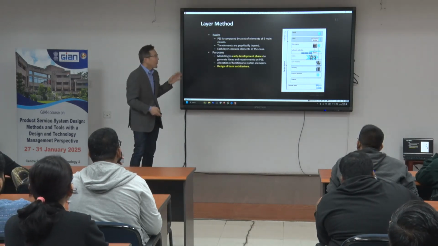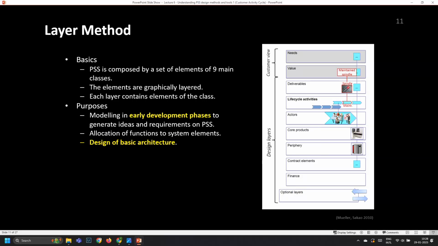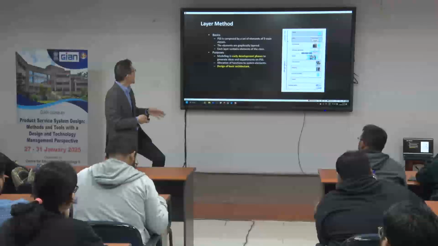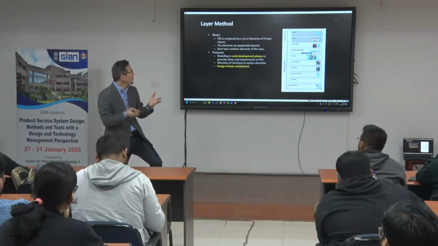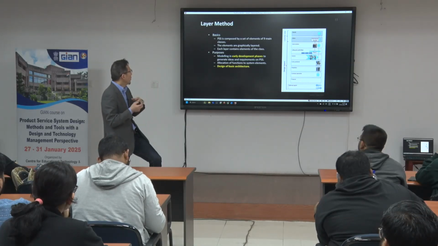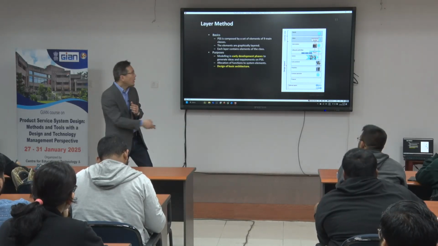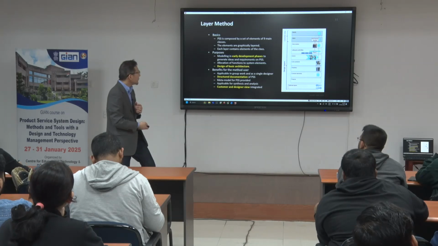The intention of this method is that this can be used in the early phase. So it's basically for qualitative description of the 9 layers. And also, once you finish the description of a PSS using this scheme, then you will come up with a design of basic architecture for the solution.